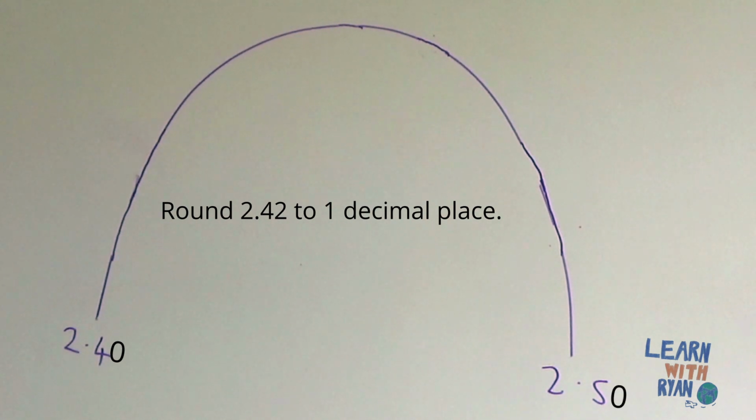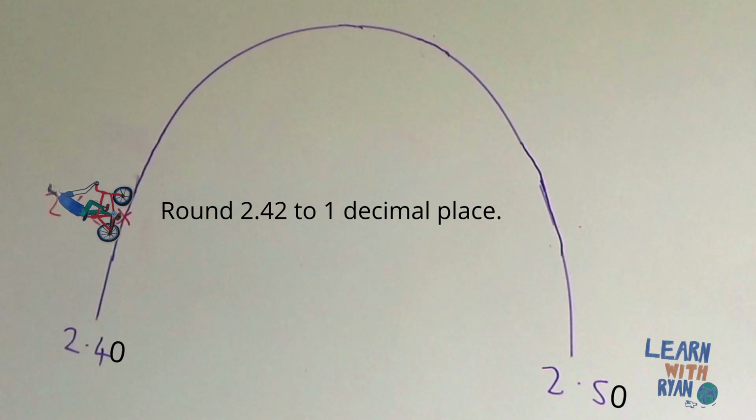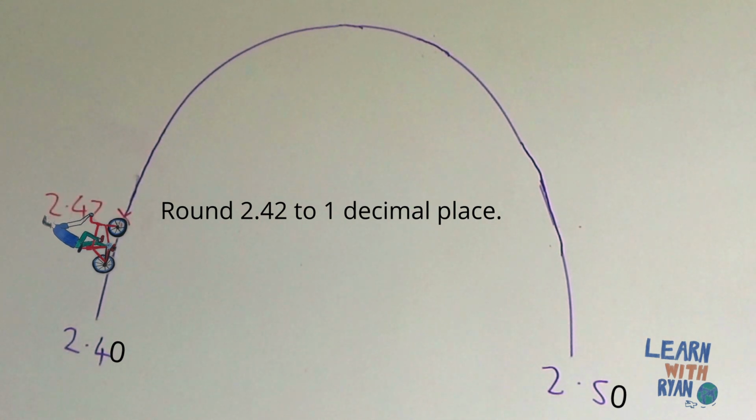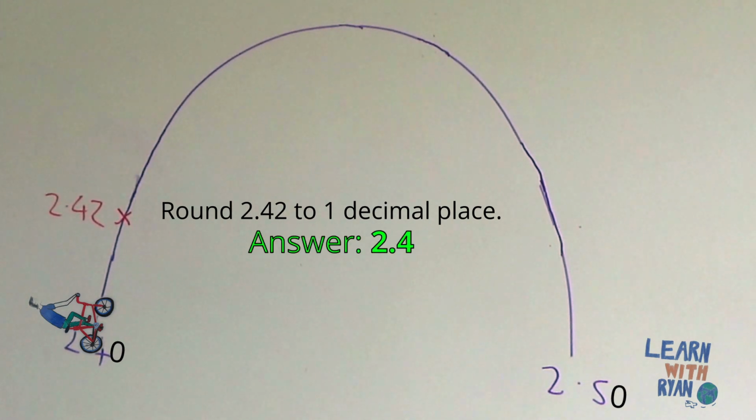So 2.42 is going to be on the left hand side because we know bang in the middle is going to be 2.45 and 2.42 is less than that. So 2.42 is roughly going to go here. So now imagine riding your bicycle and you stop at 2.42. Where are you going to end up? Well, you're going to slide down to 2.4, aren't you? So 2.42 rounded to 1 decimal place is 2.4.